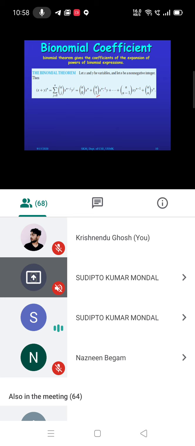Suppose this nC1 represents how many ways I can select n minus 1 number of x and 1 y. That is a combination of n minus 1 number of x and 1 y, because it's n choose 1.